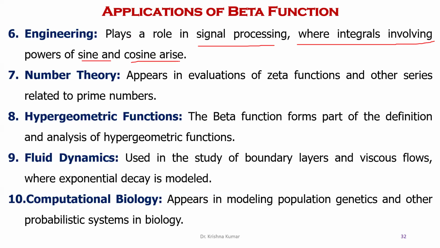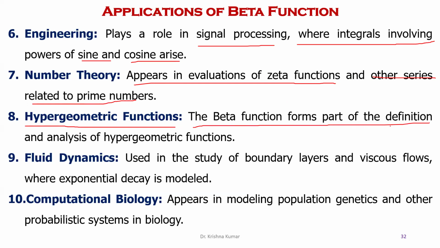It is also used in number theory. It appears in evaluation of zeta functions and other series related to prime numbers. The beta function is also used in hypergeometric functions. It forms part of the definition and analysis of hypergeometric functions.